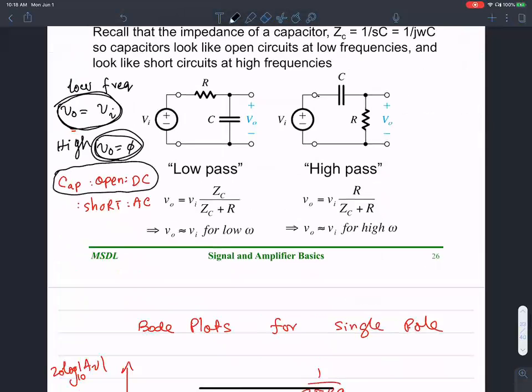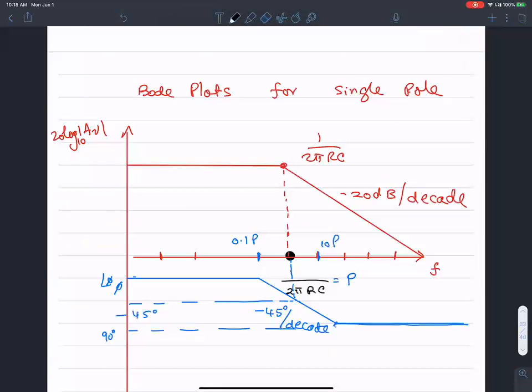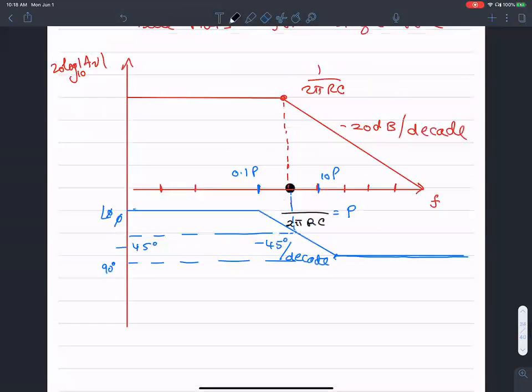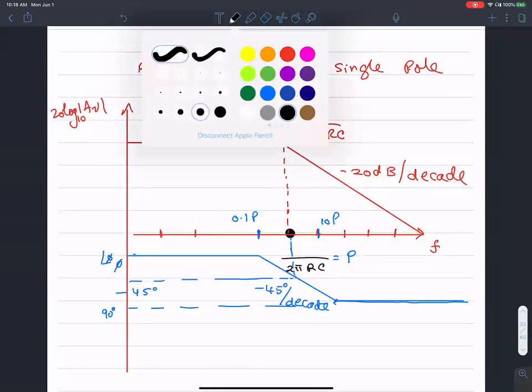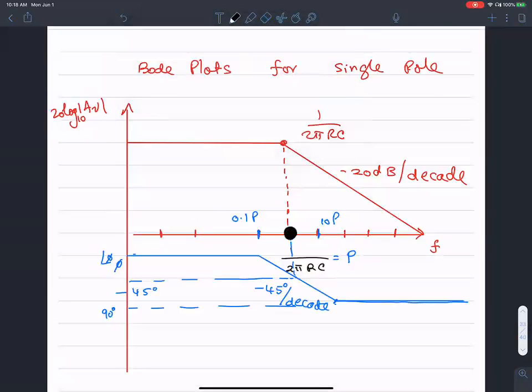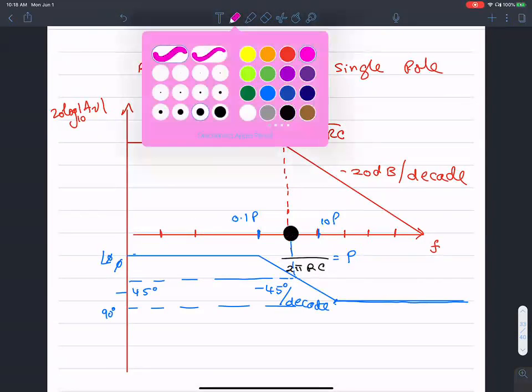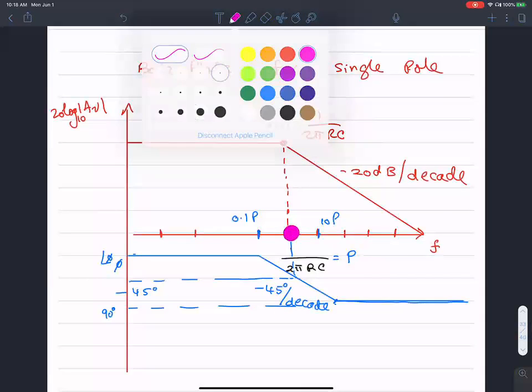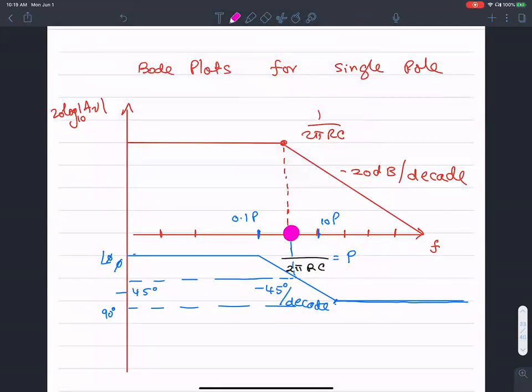Then we went on to talk about Bode plots, just barely enough. The idea of the Bode plot, let me begin there, is that at the pole frequency, a very crude approximation is that the magnitude of gain begins to fall.